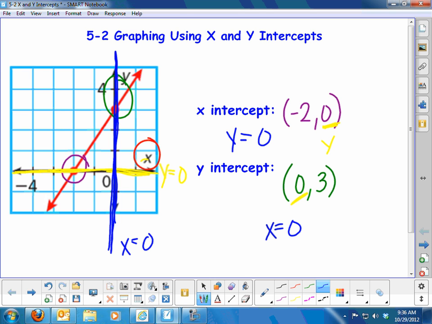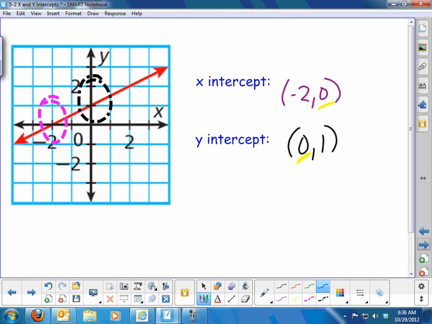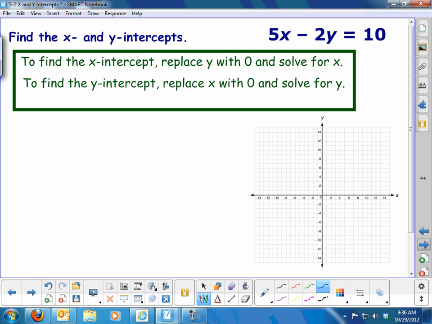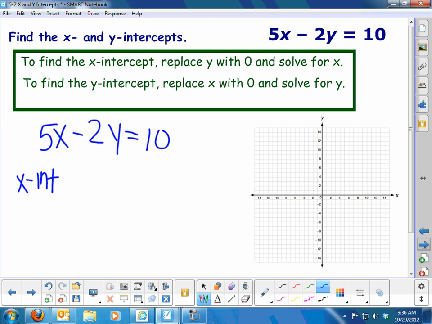So if I give you an equation, like in this slide right here, 5x minus 2y equals 10, and I want to find the x and the y-intercept, well, we just discovered, I know when I'm looking for my x-intercept that y is always going to be equal to 0 on that x-axis.